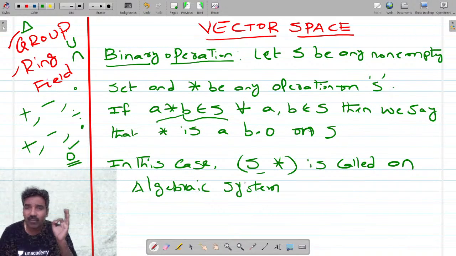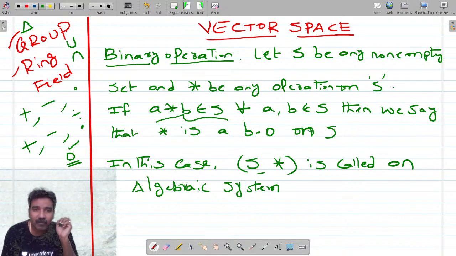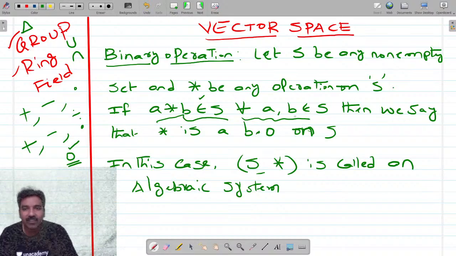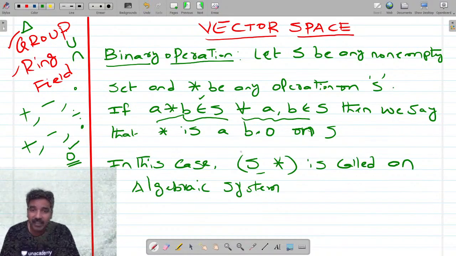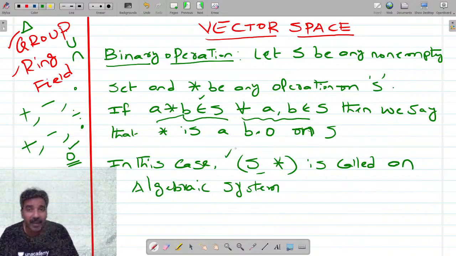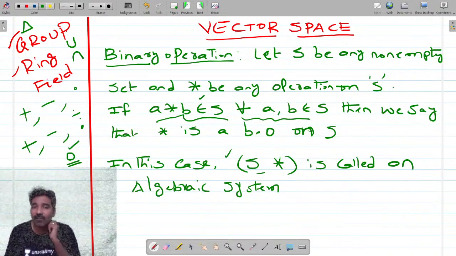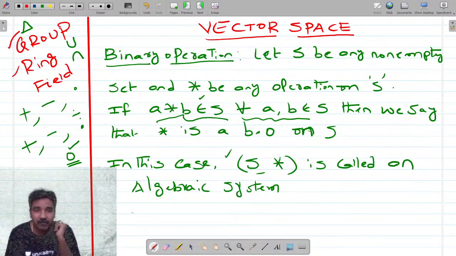Suppose we start with any non-empty set S, star be any operation. Whenever A star B is again an element of S, that is true for all A comma B belonging to S, then we say the star is a binary operation on S. So when star is a binary operation, when you group these two by using parentheses, this will be called an algebraic system. Let us take examples.